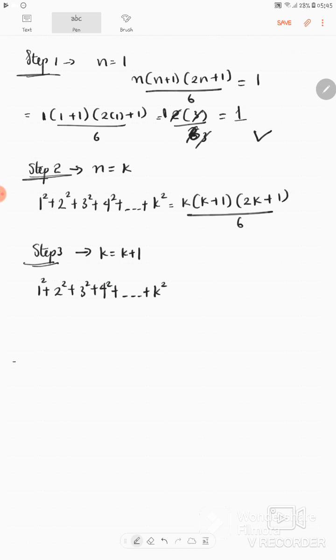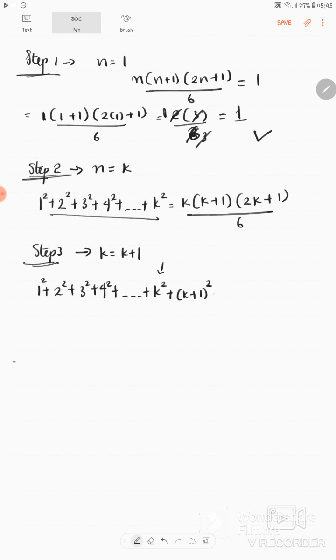As I said, you first write this complete thing down, then you use this k, that is k plus 1 square. Substitute k into this k, then add it. Don't touch this, please don't touch it.